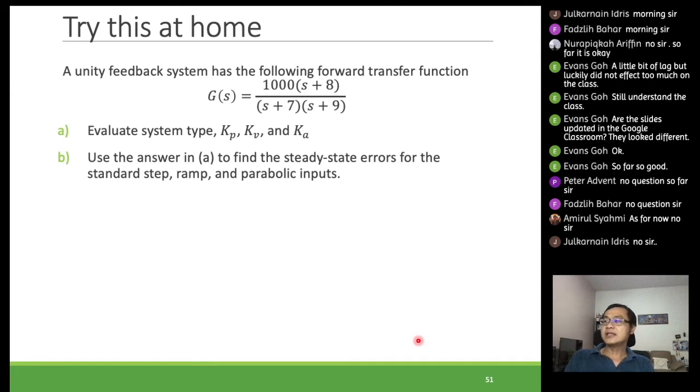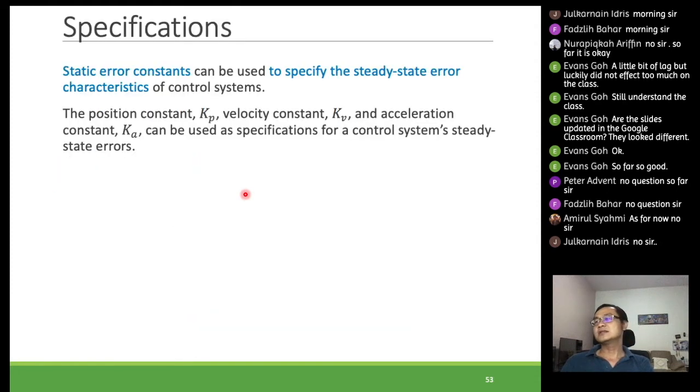You can always try this at home, just to evaluate what Kp, Kv, and Ka are, and from there interpret the steady state error corresponding to different types of input. So here are the steps that you may go through.